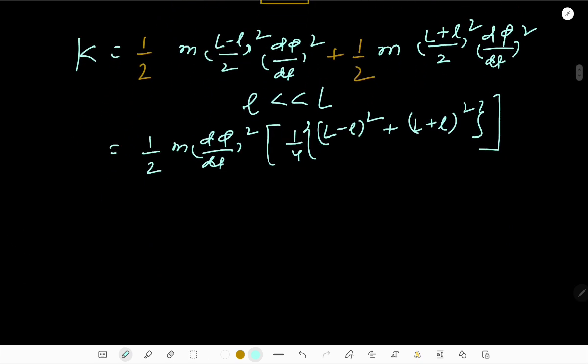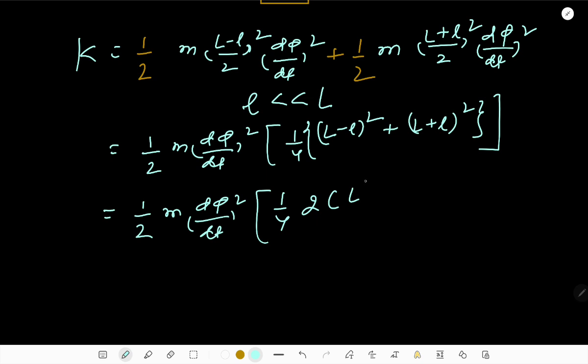And it's becoming messy, but half m d phi by dt square times 1 by 4, this becomes 2L square, I think the 2Ll gets cancelled, and we can get something like 2L square plus 2l square here, by calculating these two things.